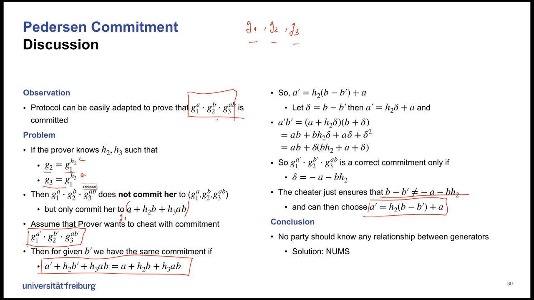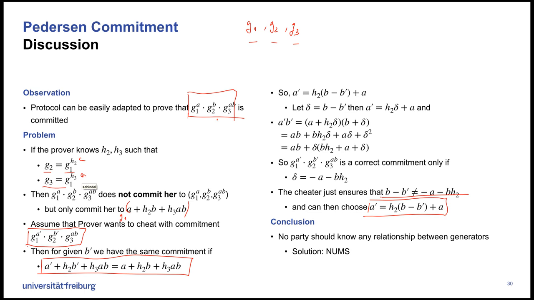So what's the solution? Don't know it. Show that you don't know what's going on with G1 and G2 and G3. Yeah. So how do you prove that you don't know something? That you honestly took a random number which has no structure, which cannot be distinguished from any other number which has a structure.